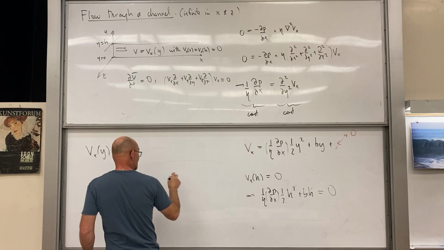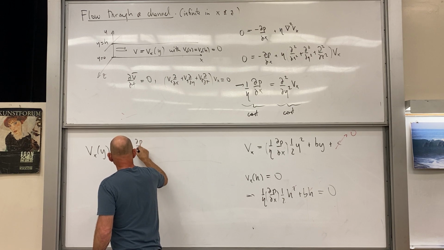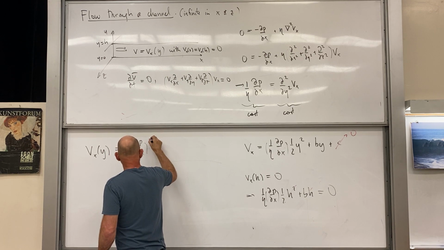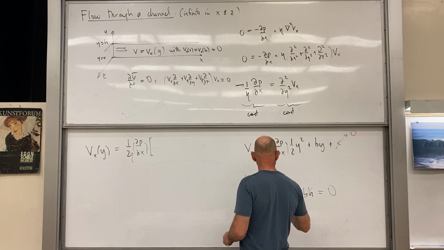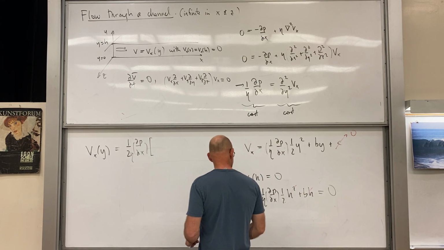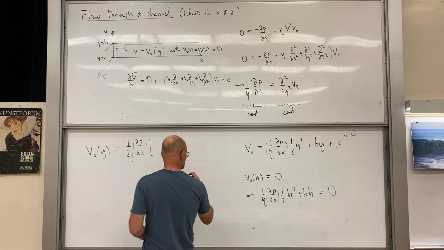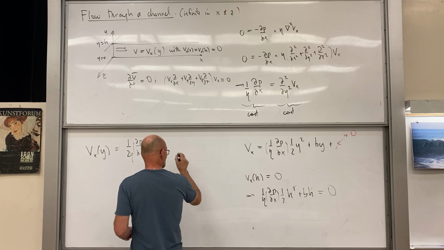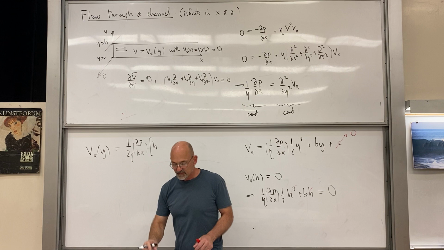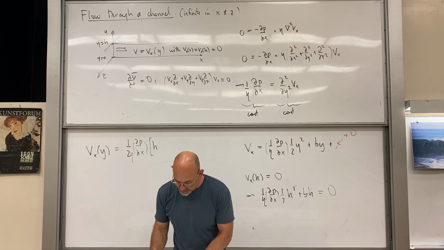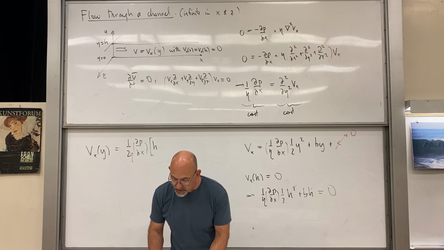1 over 2 eta dp dx, and then we'll have h squared minus h times 1 minus h. What's the best way to write that down? Y squared minus yh, or y times y minus h.